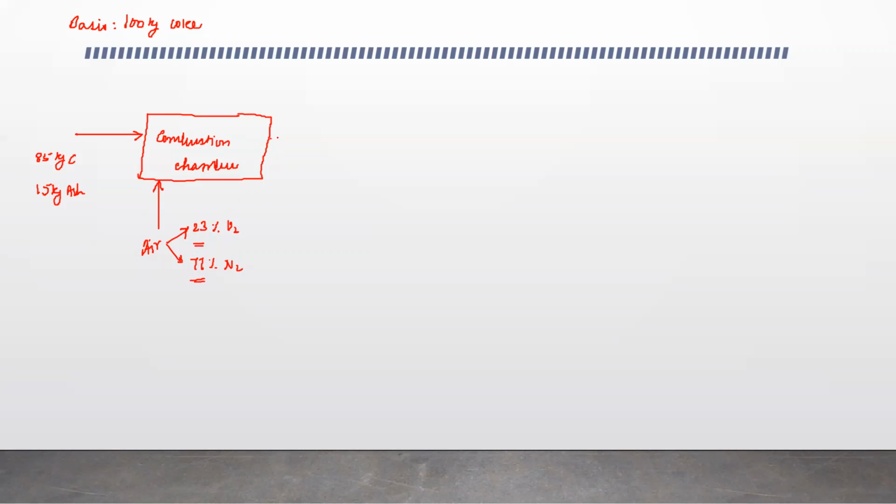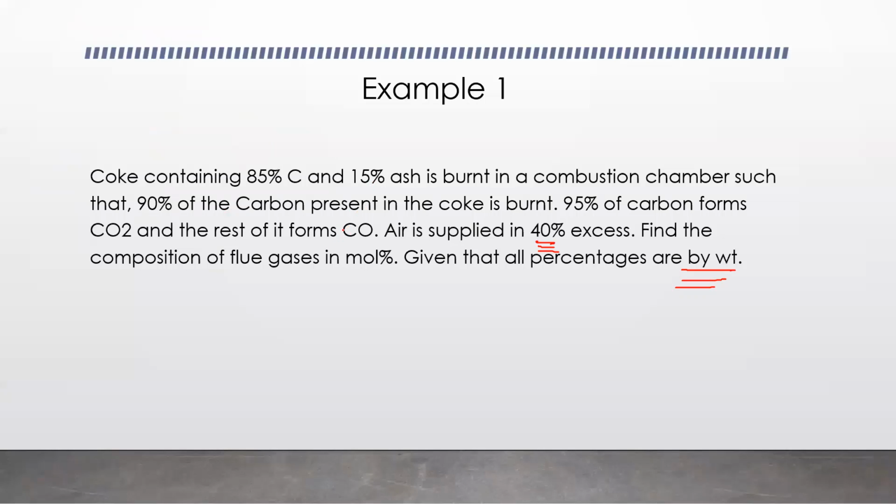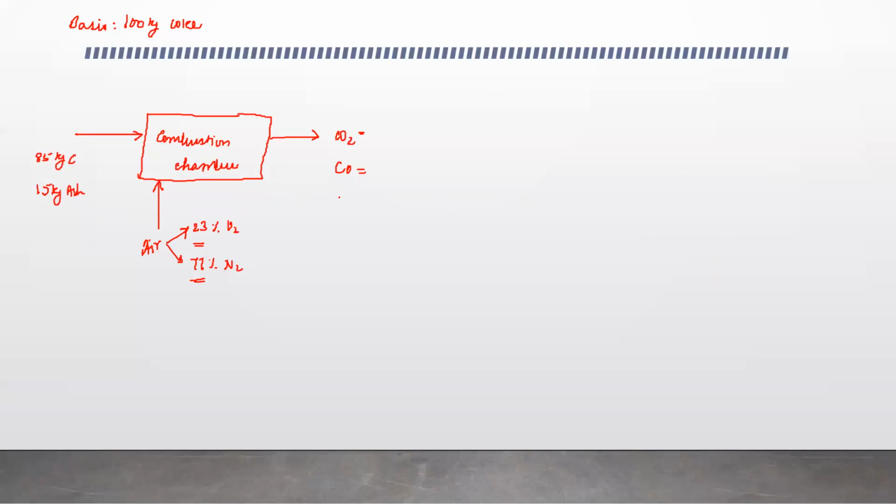And then finally, in the products of combustion, that is the flue gas, we get carbon dioxide, and carbon monoxide, which is also there because they have mentioned that some of it forms CO. Then we have unreacted oxygen and nitrogen. All right, these come under your flue gas. And apart from that, whatever ash or unreacted carbon is left, we are not considering in flue gases, so we are not bothered about that. All right, so just make your problem as easy as possible. Don't unnecessarily complicate it by including everything.